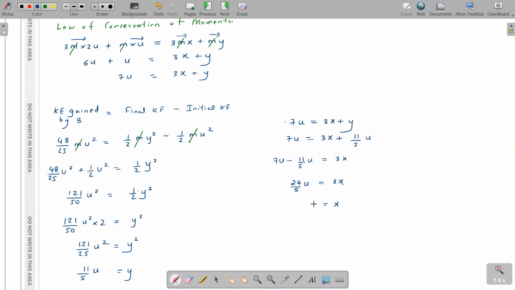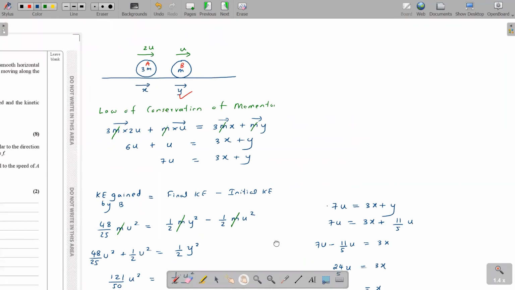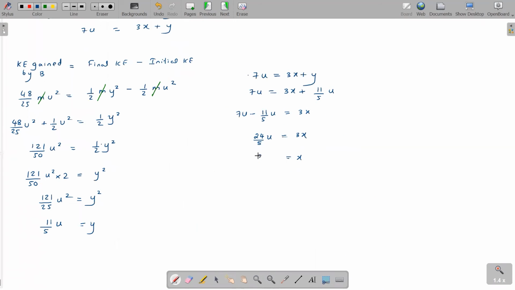We get a positive figure here, which means the direction I used for x is correct. So 24u over 3 times 5, which is 15. 24 over 15 can be simplified to 8 over 5. So 8 over 5u is equal to x. Do you agree with me?